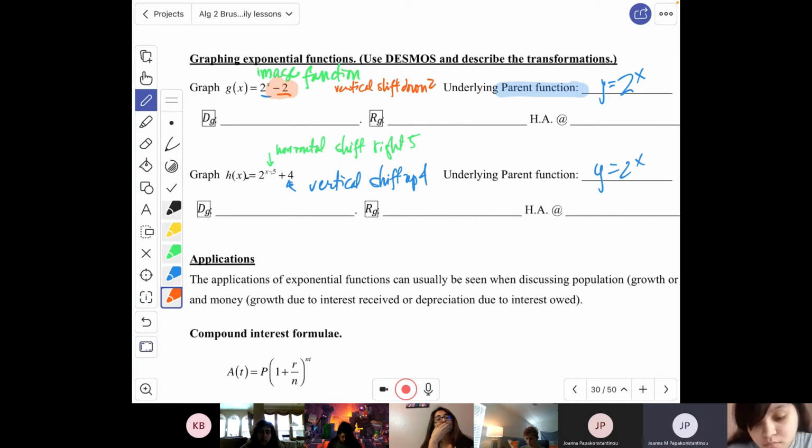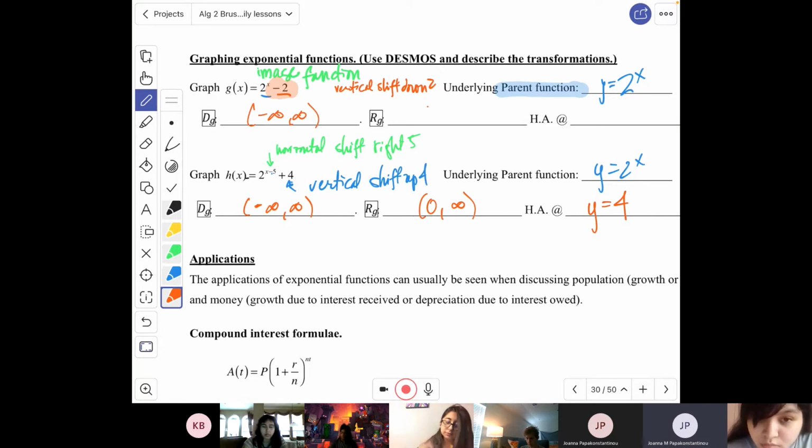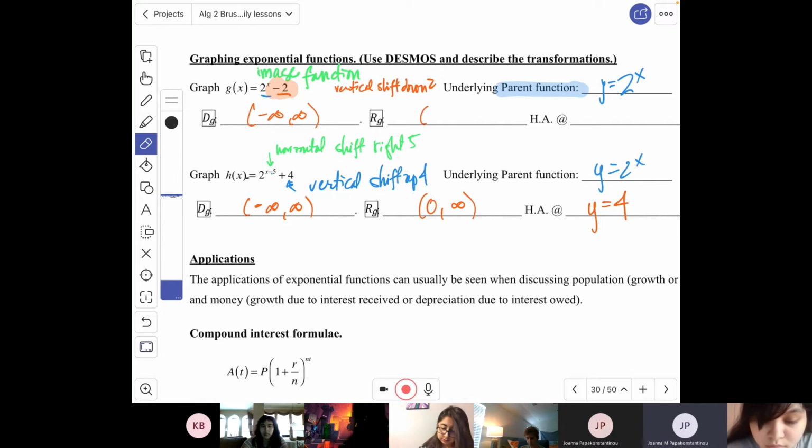So our domain doesn't change, but our range does. And then y equals 4 is my horizontal asymptote. So our range changed. Sorry, that is not 0. That's 4. Does that make sense? Ariana?